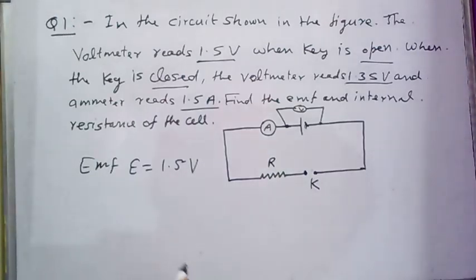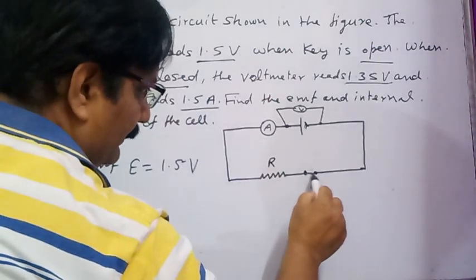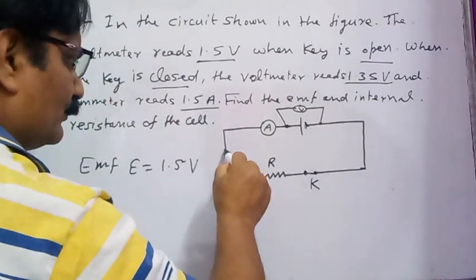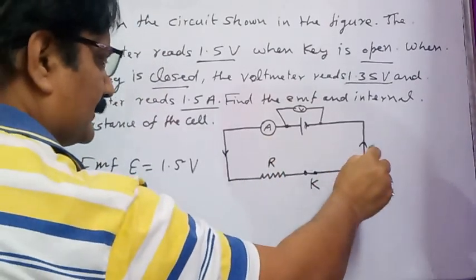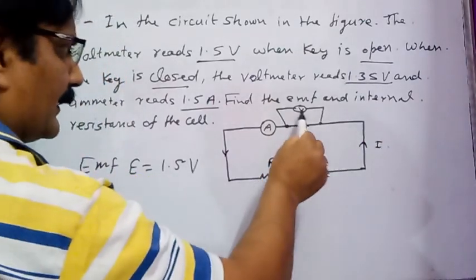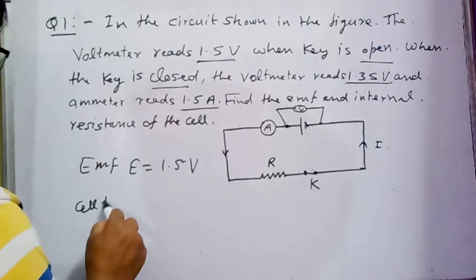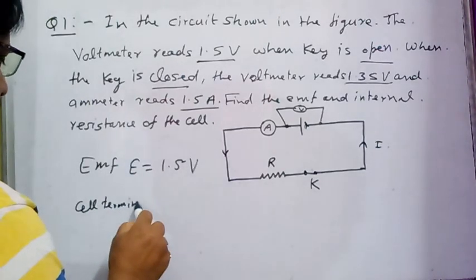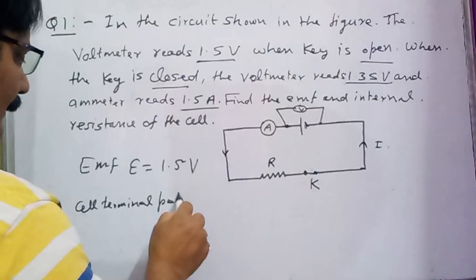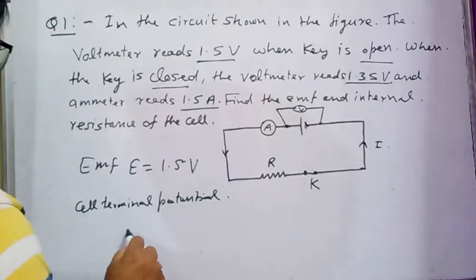But when the key is closed, in that condition what happens? The cell is going to flow electric current in the circuit. Suppose I current is flowing in the circuit. In that condition, the reading of the voltmeter is the cell terminal potential. So what is cell terminal potential?